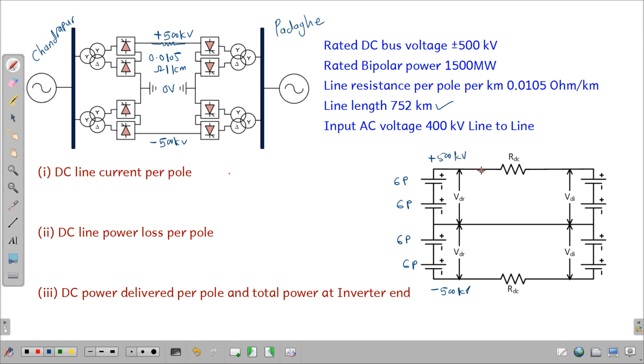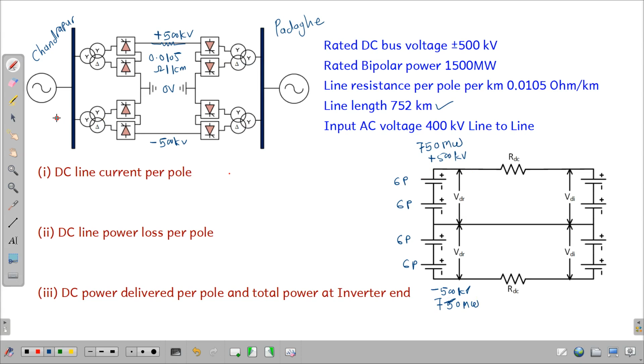The power transfer is 1500 megawatt for both lines, which means each line can transfer 750 megawatt. Power transfer from the rectifier station is 750 megawatt, and power transfer from this station is also 750 megawatt, so the total is 1500 megawatt.